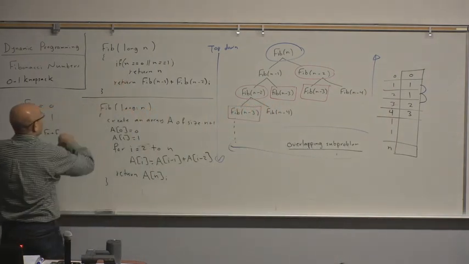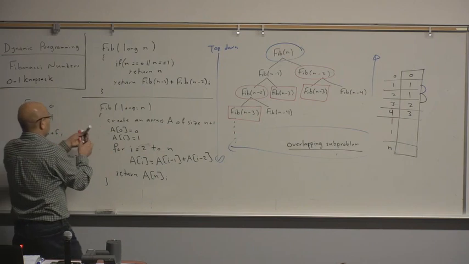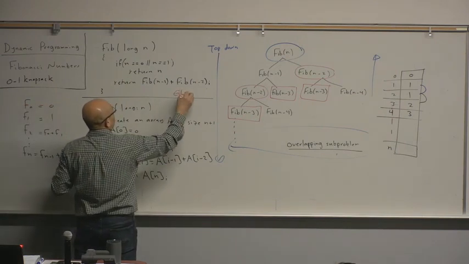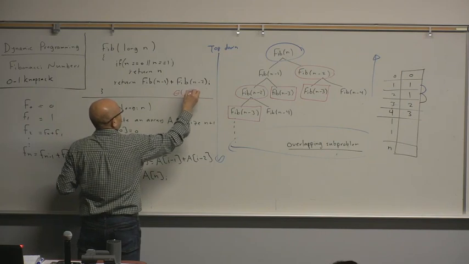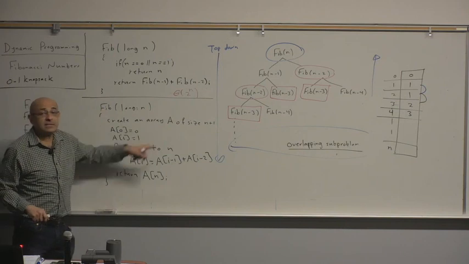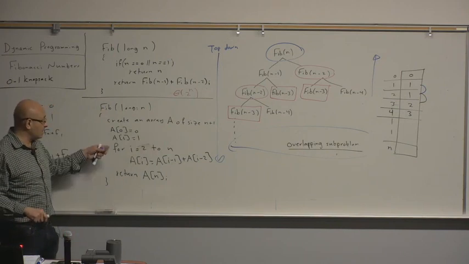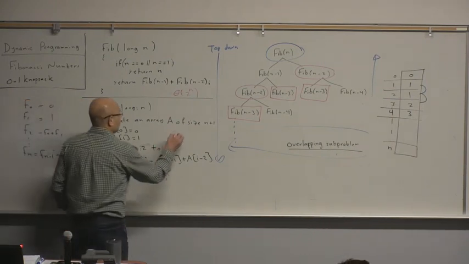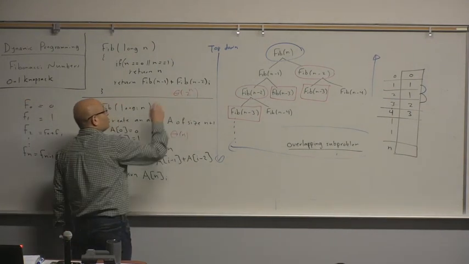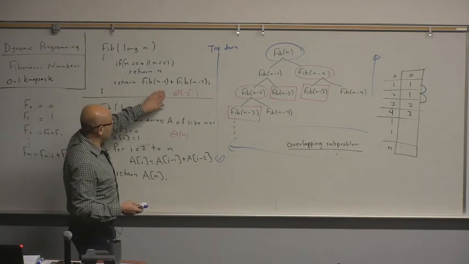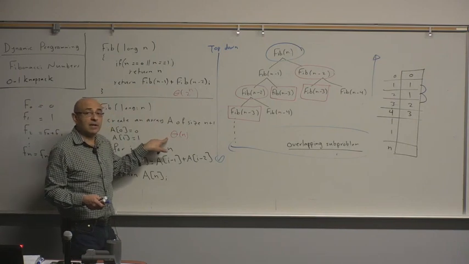So the running time of this algorithm is exponential. This is an exponential algorithm, while this, what's the running time of this? N. Yeah, this is just theta of n. So we managed to replace this exponential algorithm with a linear time algorithm.